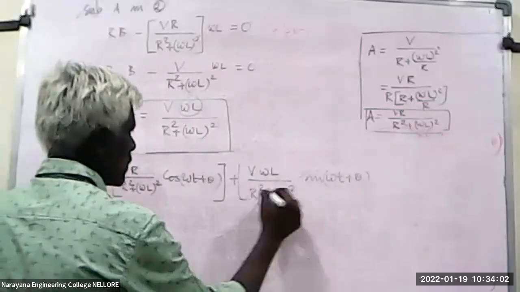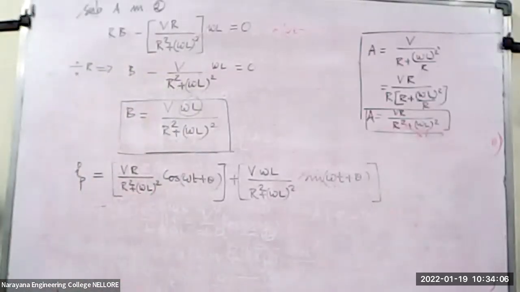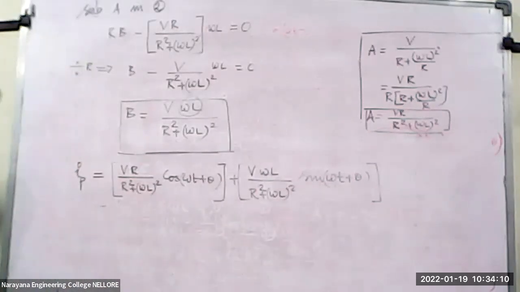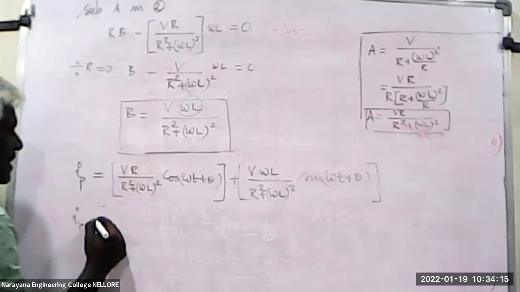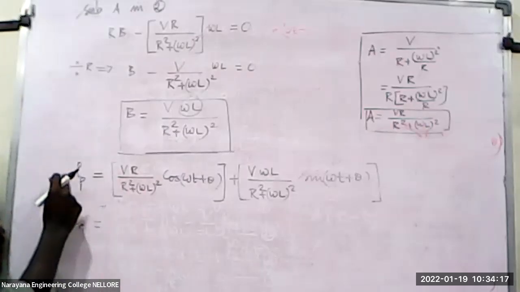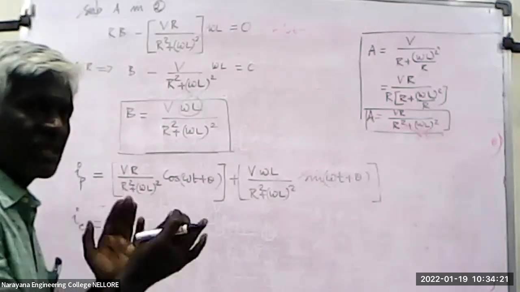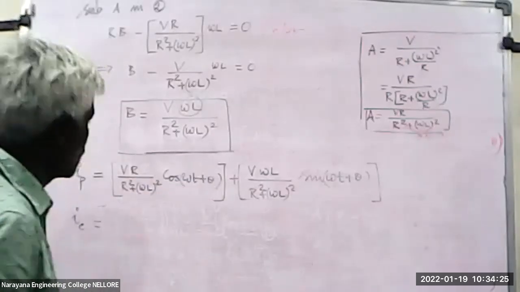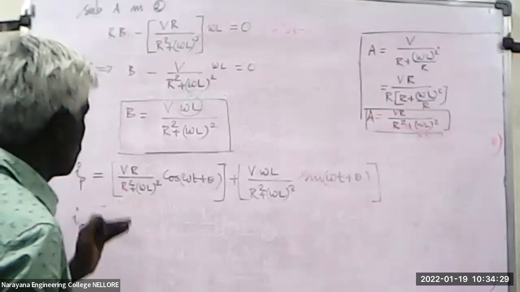So this is with B. Okay, so we have found IP, and the transient part IC. We have seen the total solution of the current will have the transient part and the steady state part. This is the steady state part we have found. Then we add it with the transient part.